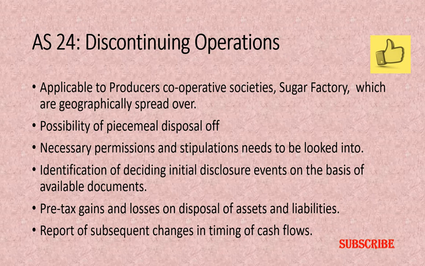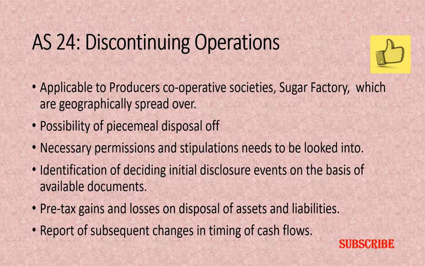Then AS 24, discontinuing operations. The situation of discontinuing operations can arise in the case of a cooperative society such as a sugar factory, dairy, or a cooperative bank having operations geographically spread. The question of disposal or spin-off, that is split-offs, appears remote in the case of cooperatives. Piecemeal disposal could be possible.